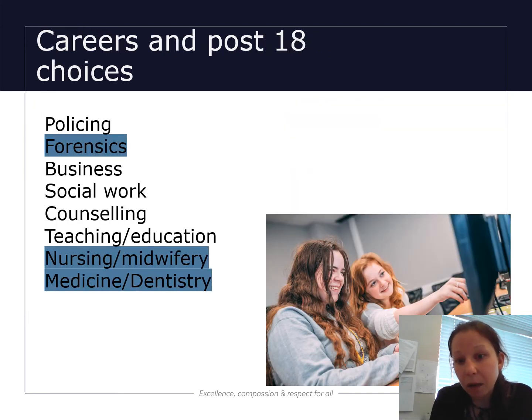And when we think about it, actually, there's quite a bit of overlap between psychology and sociology as to where it might take you. And those are just some of the examples. You just need to be really careful that if you know you want to go into medicine, for example, then although we say psychology is a science, most medical schools wouldn't really be keen to see psychology as one of your sciences.